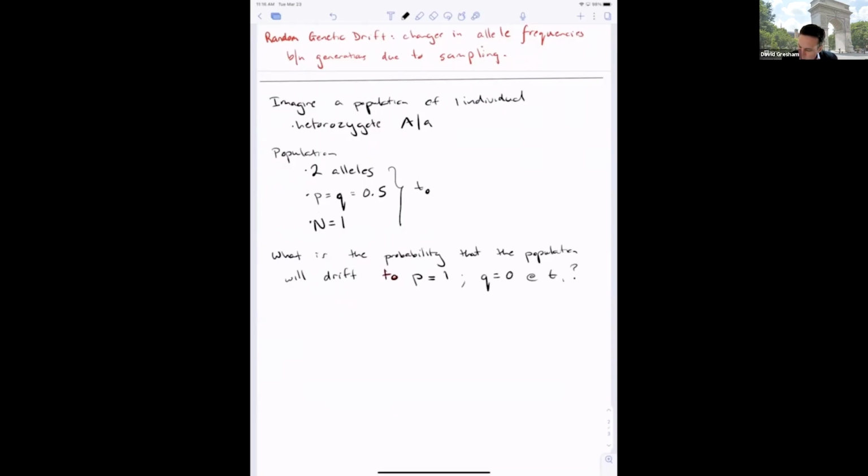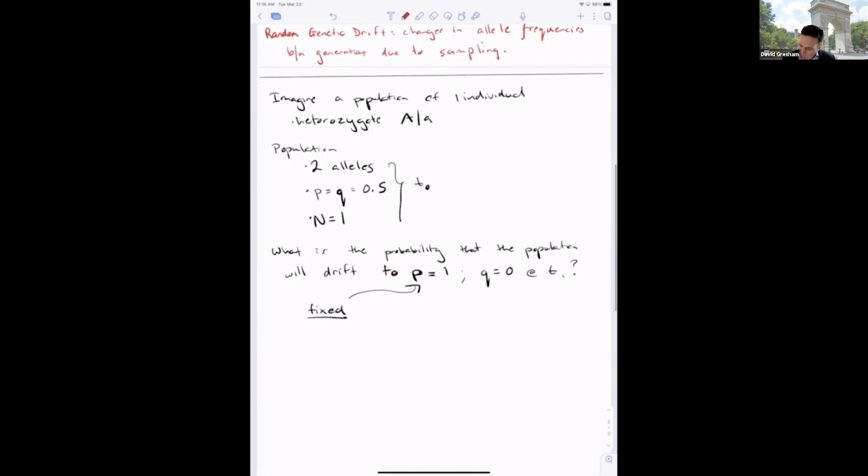When P equals 1, the allele frequency equals 1, we give a special term to this. We call this allele frequency fixed in the population. That is the scenario in which the allele frequency has gone to 1 in the population, and then there is no longer any additional genetic diversity at that locus, okay?